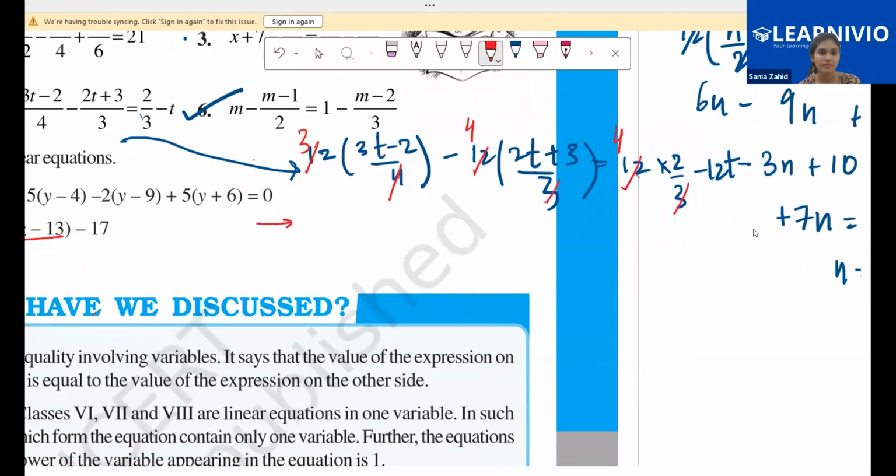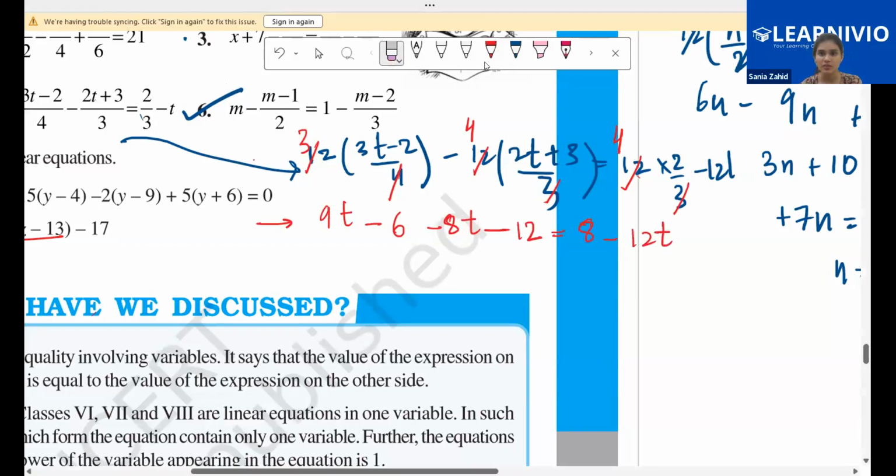We get 9t minus 6, minus 8t minus 12, is equal to 8 minus 12t.